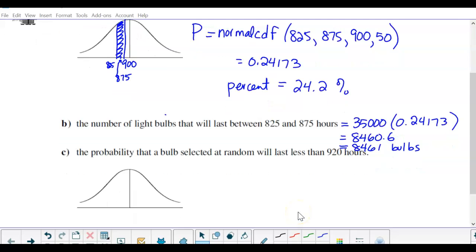The next one is the probability, so we're not going to convert to percent. It's the probability that a bulb selected at random will last less than 920. Remember, the mean is 900, so 920 would be past there, and we want this area.